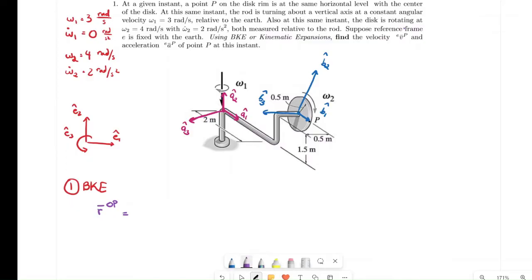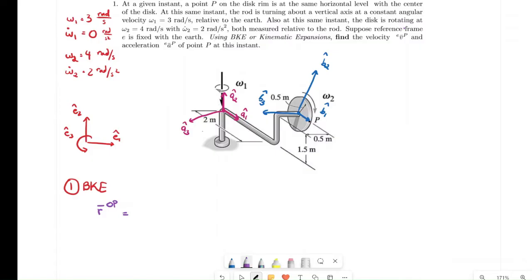We're given that the length of this rod, from here to here, is 2 meters. That's what's drawn here. And we are also given that this length is 1.5 and this length is 0.5. And the disk radius is also 0.5 from this information here.